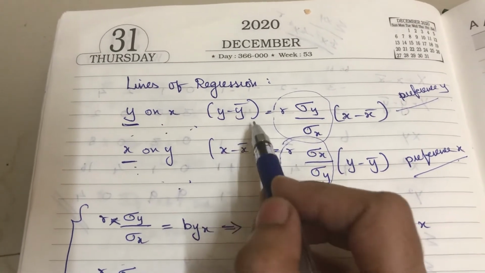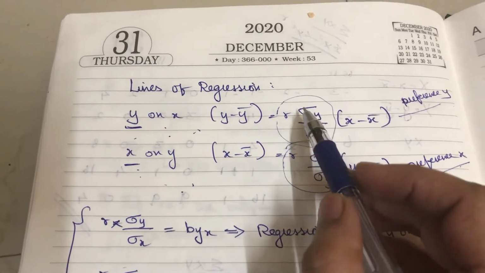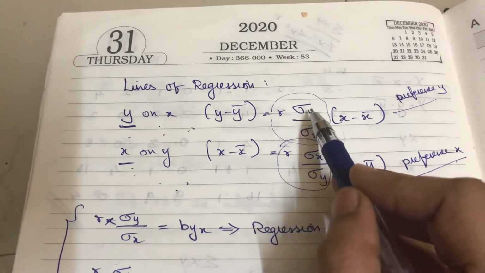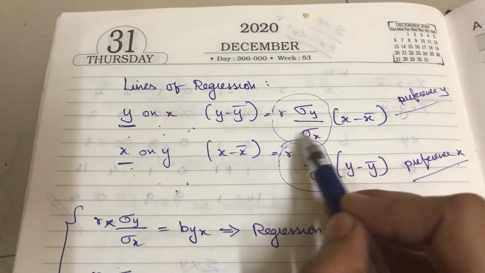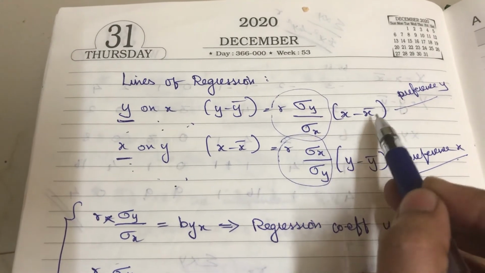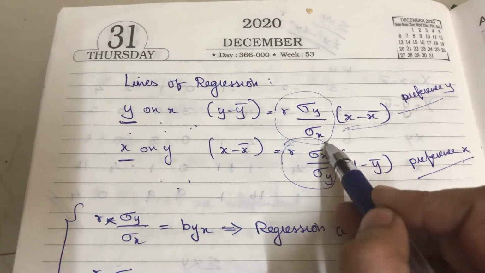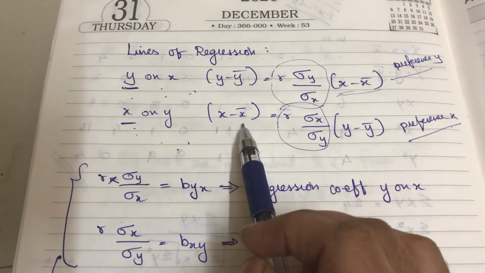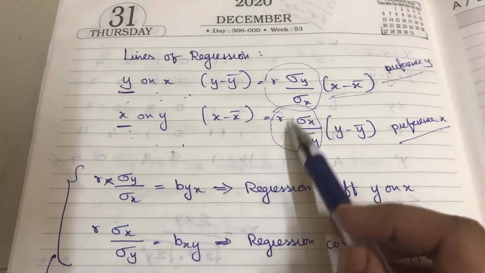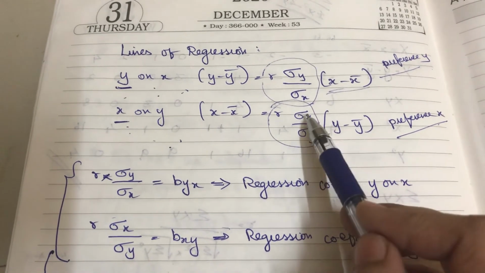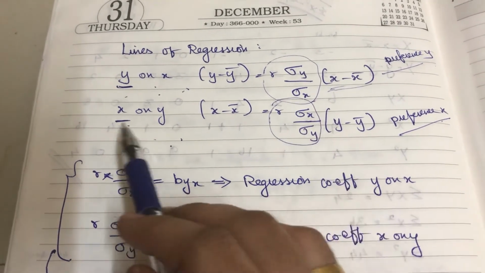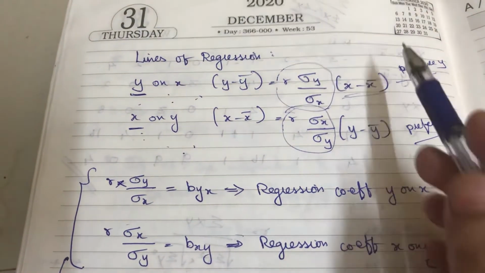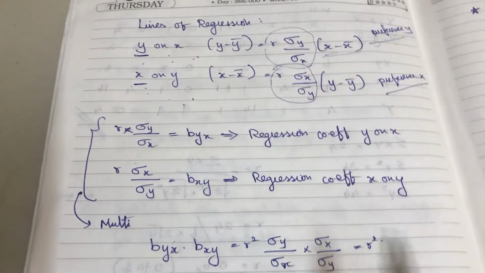Y minus y bar is equal to r into sigma y by sigma x into x minus x bar. Here y should come first. Last we give the place to x. For x on y, x should come first: x minus x bar equal to r into sigma x by sigma y, into y minus y bar. So these are the two lines.